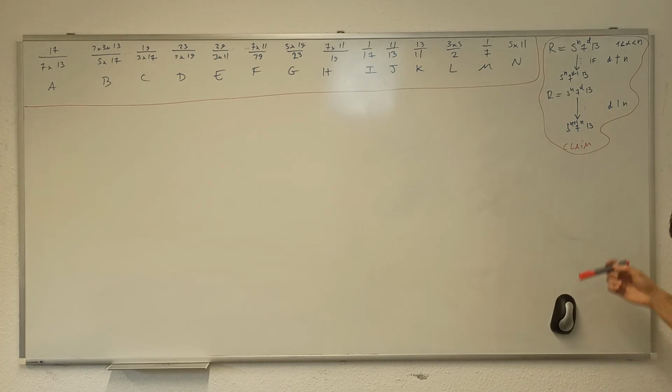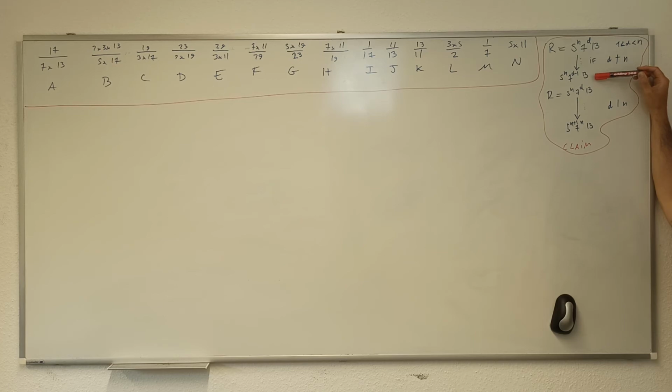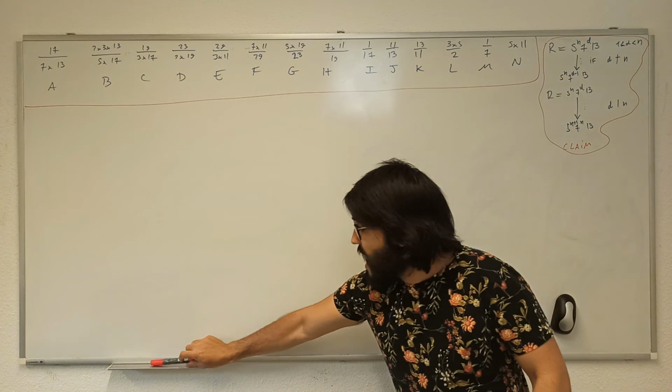So I'm claiming that you do that, and then after several iterations, the first number of this form again will be this guy if it does not divide n. And if it does, the first number of this form again will be that guy here.